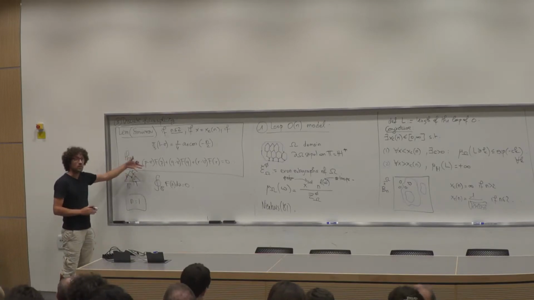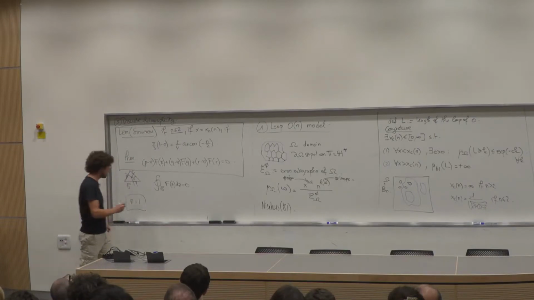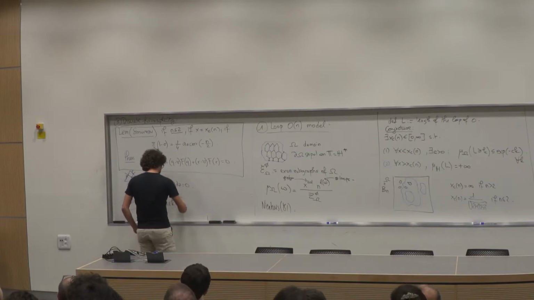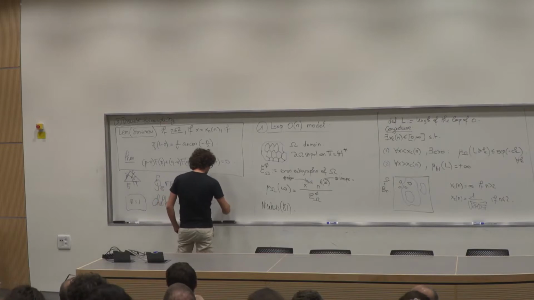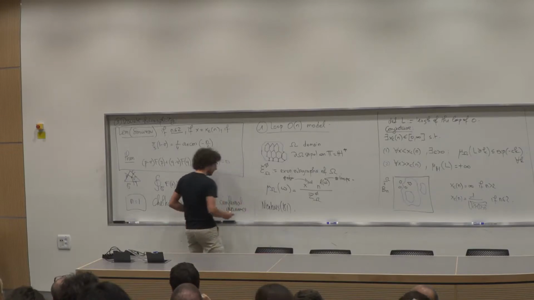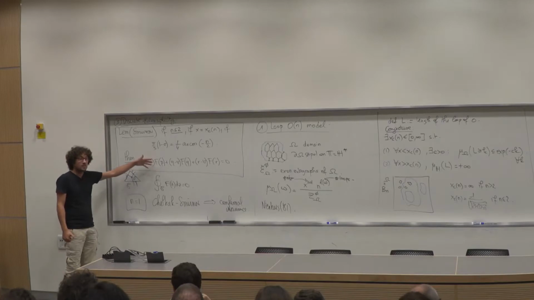You can really extract information from them for this special value of n equal 1, and that's what Chelkak and Stas did. In this case, you can even get conformal invariance, simply, I mean, simply is maybe not the right term, because you can take the scaling limit of this thing.